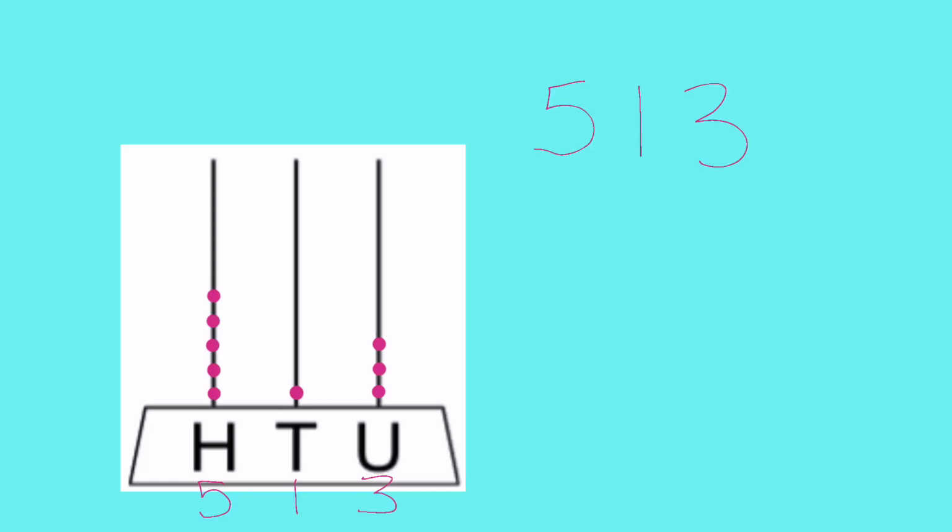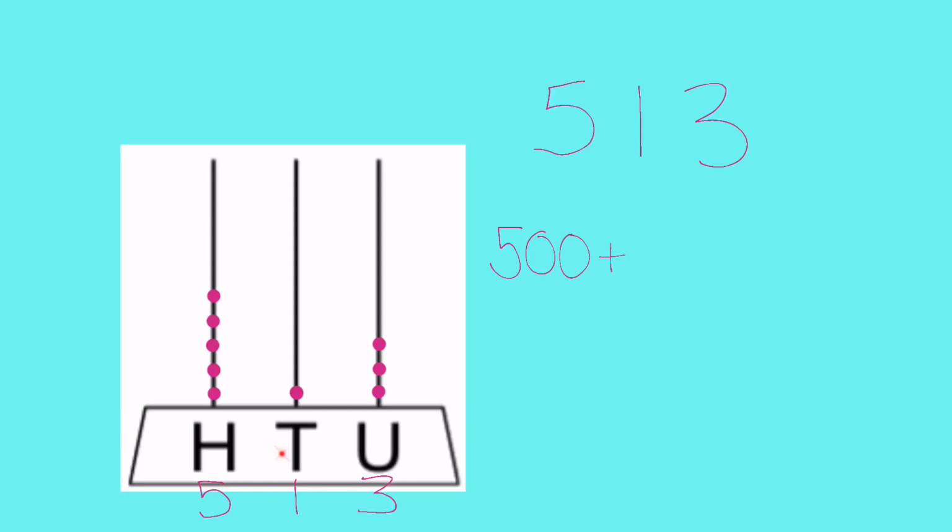We can partition this number in exactly the same way we did before. We can say, okay, we want to split it into hundreds, tens and units. So first of all, we've got 5 hundreds. Now if we were to look at our abacus here, we could count up in hundreds. We've got 100, 200, 300, 400, 500. So we can write the number 500. Now, what's going to add to that?